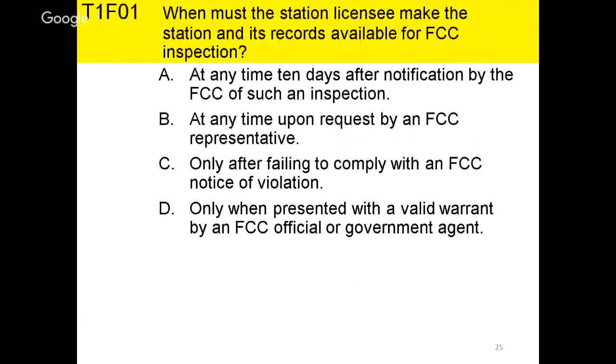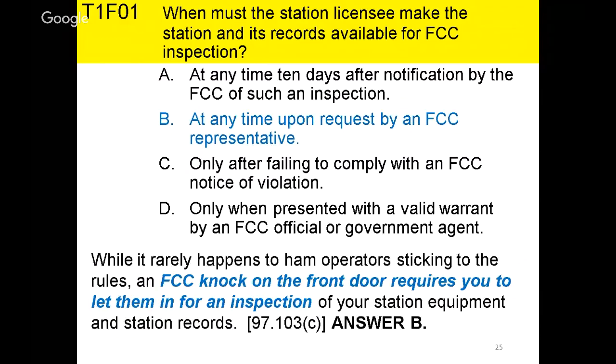So, when must the station licensee make the station and its records available for FCC inspection? And of course, that is at any time upon request by an FCC representative. And we've talked about this before, that if you're talking particularly on HF, try to keep a logbook. That way, if you get a complaint that you've caused some interference, you can go to your logbook.